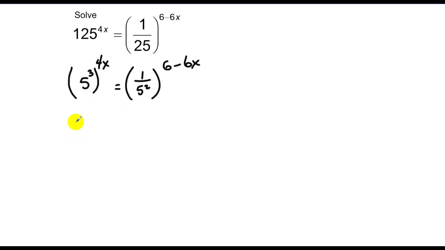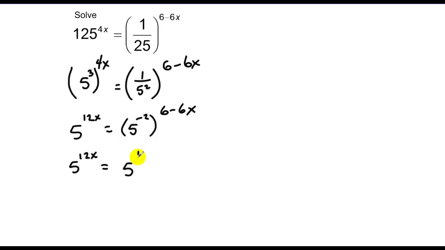So to get that in the numerator, I'm going to raise it to a negative 2 power, so I have 5 to the negative 2. That takes a reciprocal to the 6 minus 6x. Therefore 5 to the 12x equals 5 to the 12x minus 12.